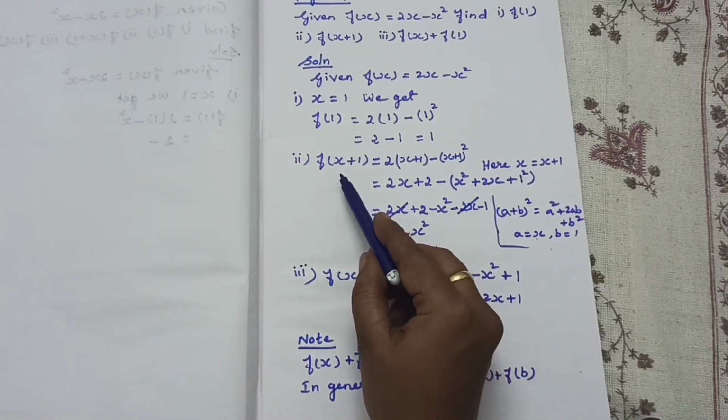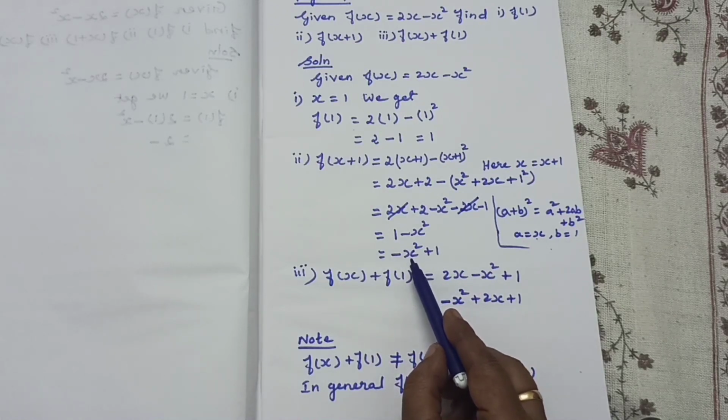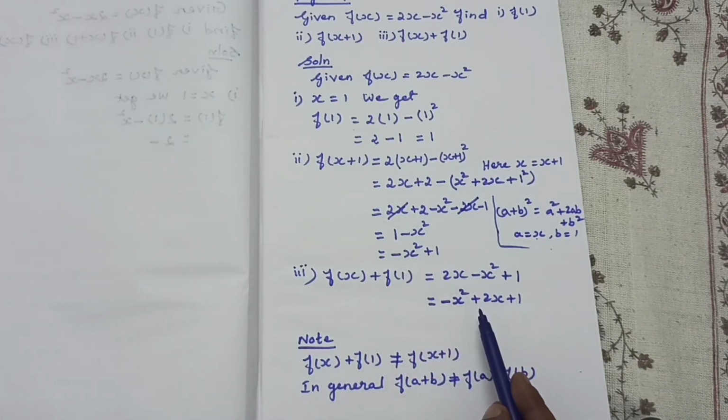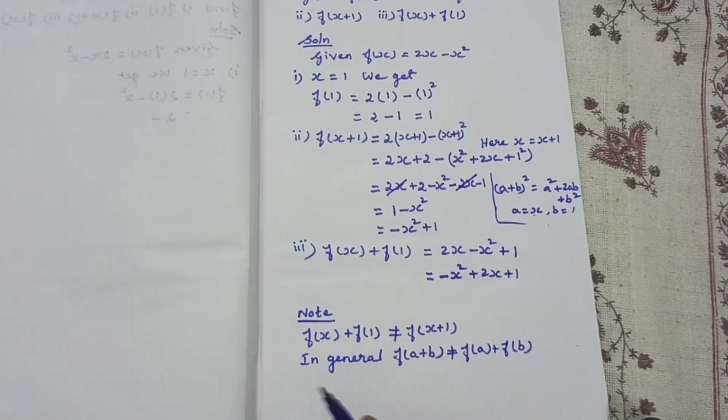Then f of x plus 1 is equal to another answer we got, isn't it? These two are not equal. Correct? So, in general, what we can write? F of a plus b is also not equal to f of a plus f of b. This note is for our study.